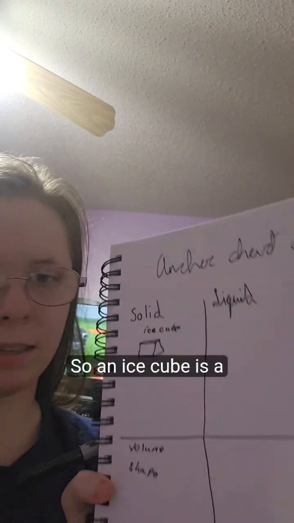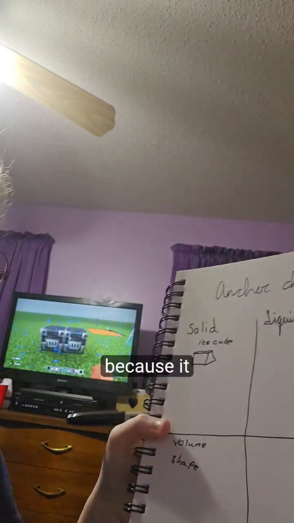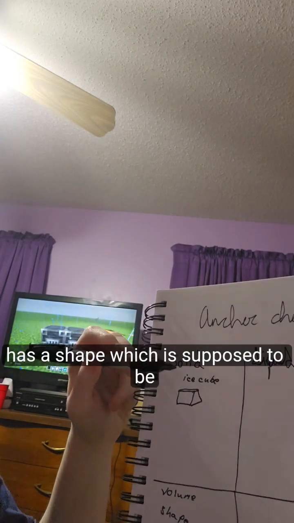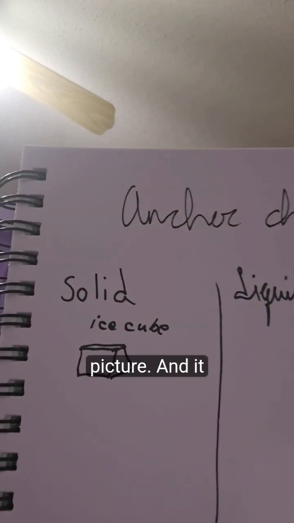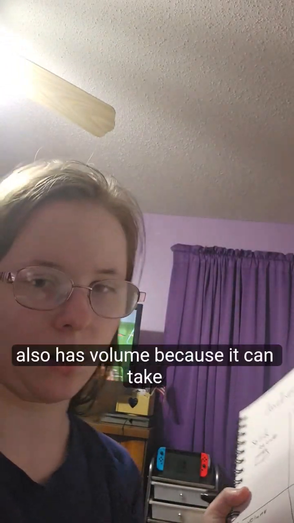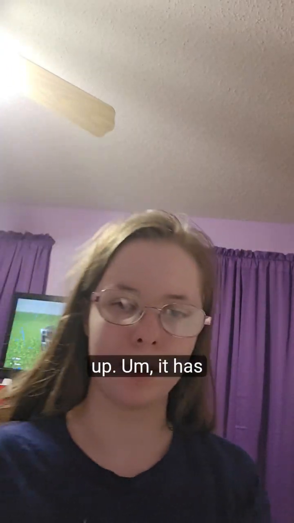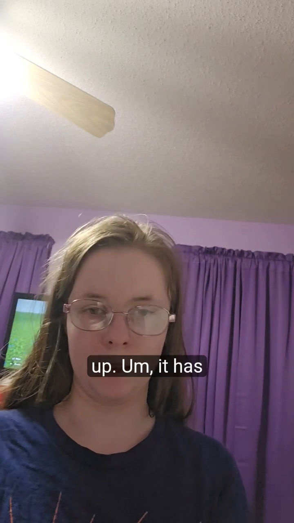So an ice cube is a solid because it has a shape, which is supposed to be a square in this picture, and it also has volume. It has enough space to where water can be encased inside it. And here is what it looks like.